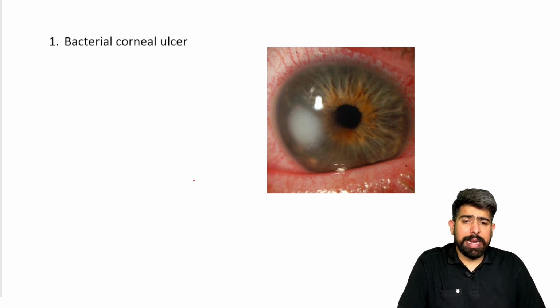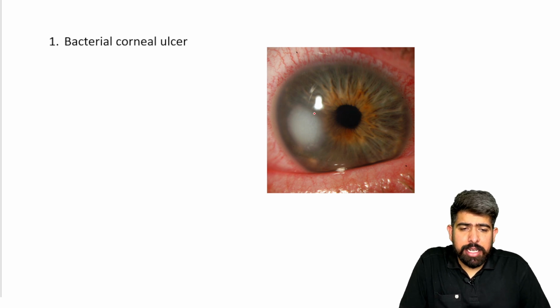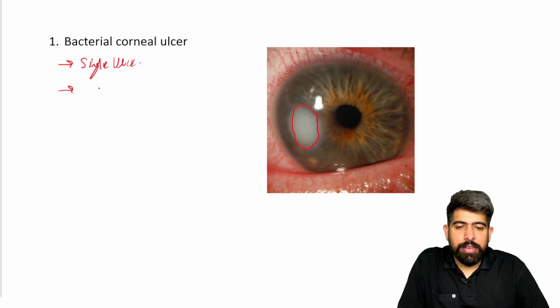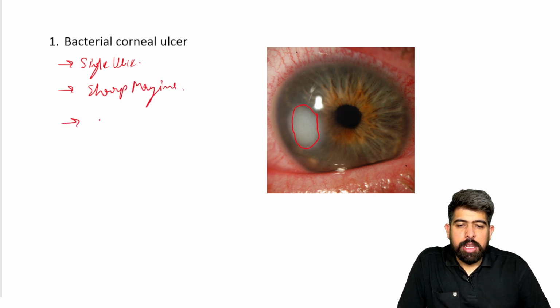Now understand about this bacterial corneal ulcer. This is a single ulcer having a sharp margin. What are the main symptoms?